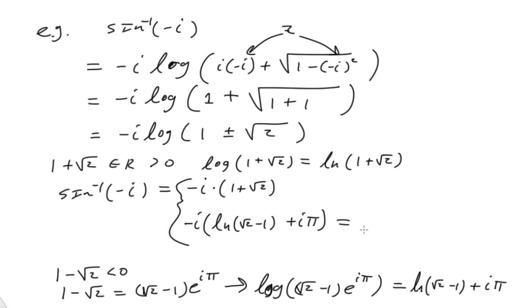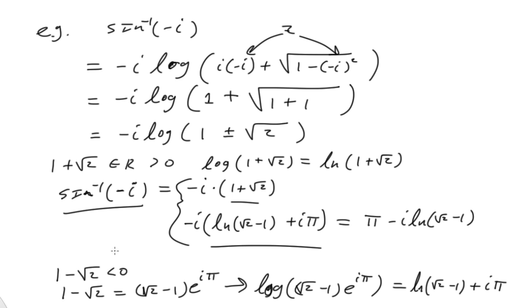We can rewrite that as pi minus i natural log of root 2 minus 1. All right, so that's our multiple valued solution. So we plug in negative i and we get two answers coming out of it, and we have to choose which one we want to use for whatever our purpose is for inverse trigonometrics. And so we'll learn more about which one we need to choose for various problems at a later date.